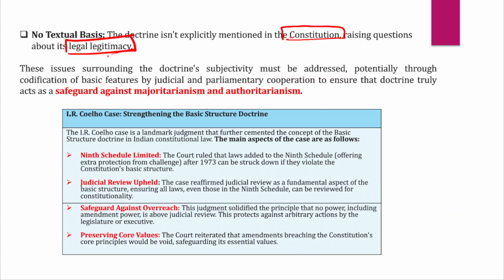However, the subjectivity aspect of the basic structure doctrine must be addressed. It should be more and more objective. And apart from that, the basic structure doctrine should also be codified by judicial and parliamentary cooperation, so that it could ensure the doctrine truly acts as a safeguard against majoritarianism as well as authoritarianism.